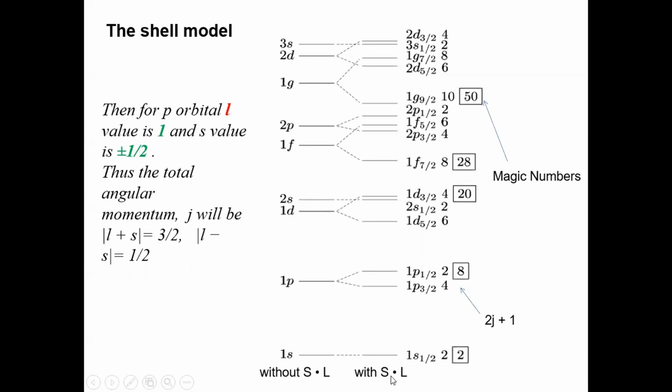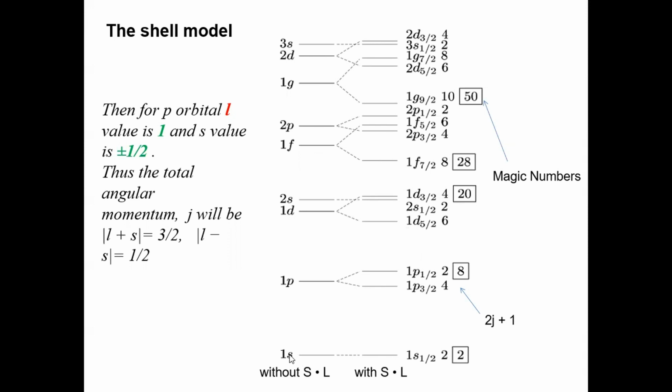However, if there is a spin-orbit coupling within the nucleus, then for each case we see there is splitting. 1S has the same, however 1P has 2 possible, 1D has 2, 1F has 2, and so on. Now let's see how the things are getting occupied. For the P orbital, the L value is equal to 1.